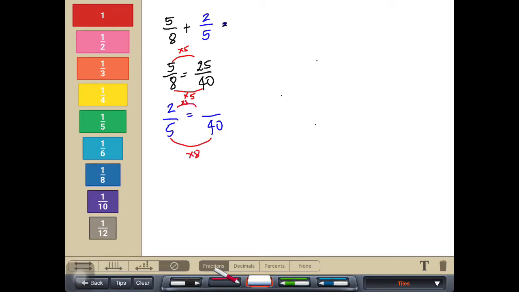Again, multiply it with 8. So that would now be 16. Alright. Now that I have the same denominator, I can just add it. So that would now be 25 40ths plus 16 40ths, which is 25 plus 16, that would be 41 over 40, or 41 40ths.